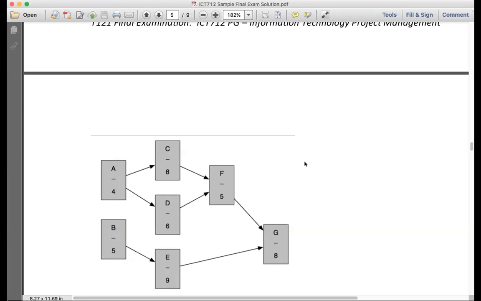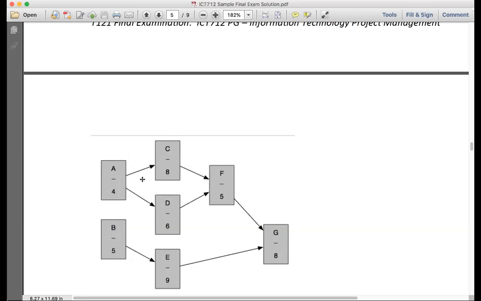Is it 2 pathways, sir? It's 3 pathways. There's A, C, F, G. There's A, D, F, G. And there's B, E, G.